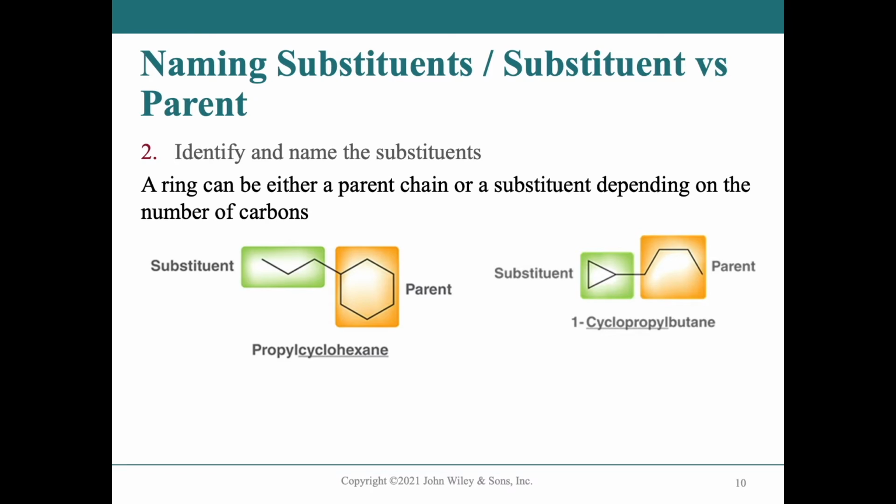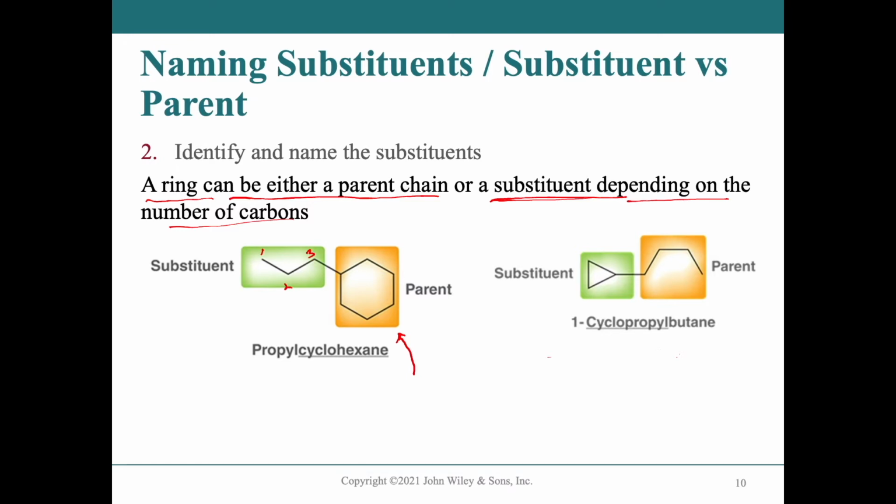So now you can have a ring. A ring can either be a parent chain or a substituent, depending on the number of carbons, right? And so here we choose that the ring here will be a parent. And the reason why is because it can either be the substituent or the parent, right? But if you had it over here, this only has 1, 2, 3 carbons on it, right?